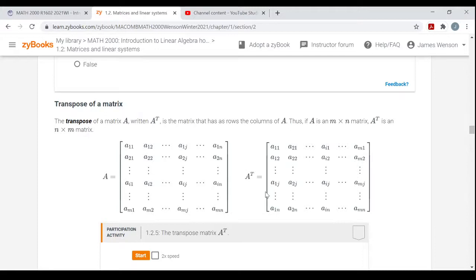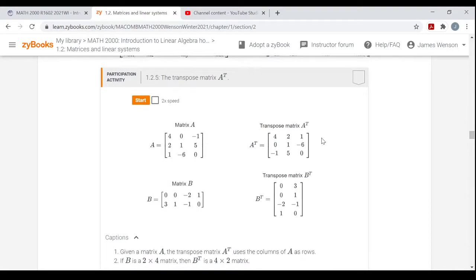Thus, if A is an M by N matrix, A transpose is an N by M matrix. The size switches. So if a matrix is 2 by 3, its transpose will be 3 by 2, for example. They take you through an example here as well, where you can watch an animation.